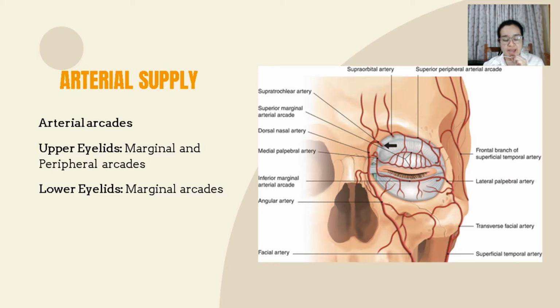So the lower eyelid does not have a peripheral arcade like the upper eyelid. Lateral anastomosis from the zygomatico-orbital branch of the superficial temporal artery also feeds into these branches.